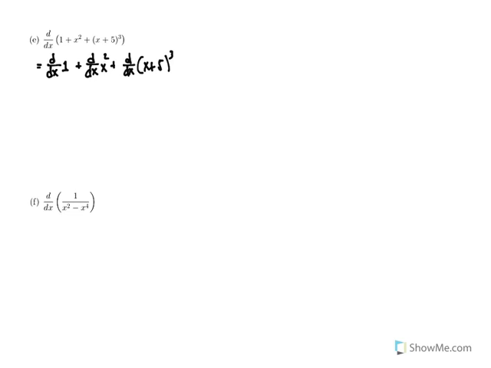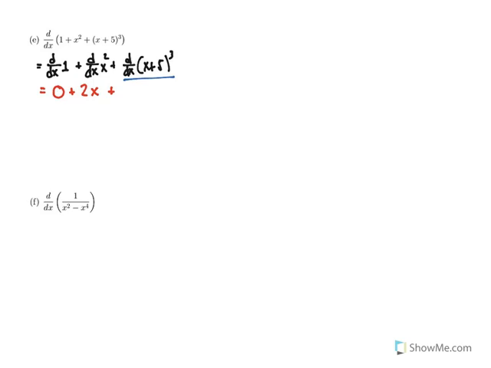And these first two derivatives are straightforward. This is going to be 0 plus 2x. And then we just need to figure out that last derivative. So it's important to kind of break up the problem into easier steps. Now I just have this kind of last thing to do.